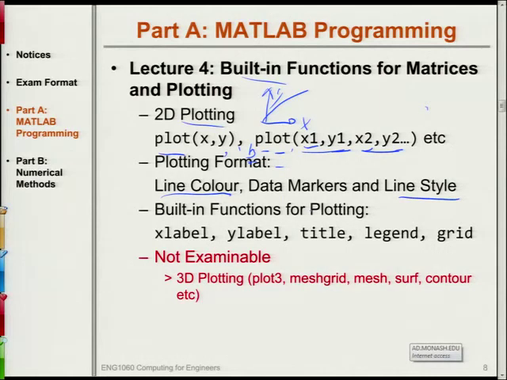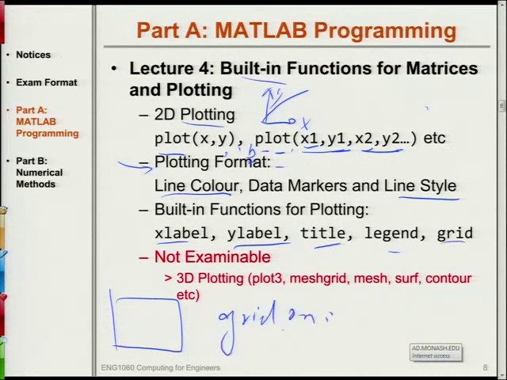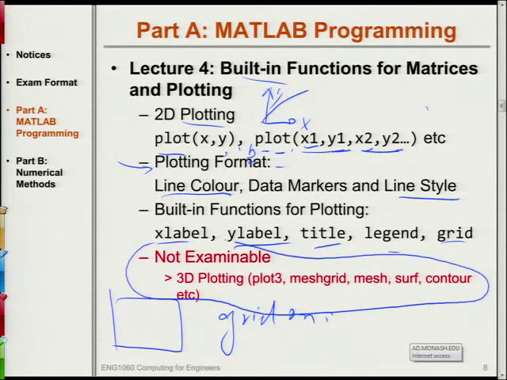So this is the plot. And also for plotting a curve, you can put a label, title, legend. And for the grid, you can write grid on. That means add grid.